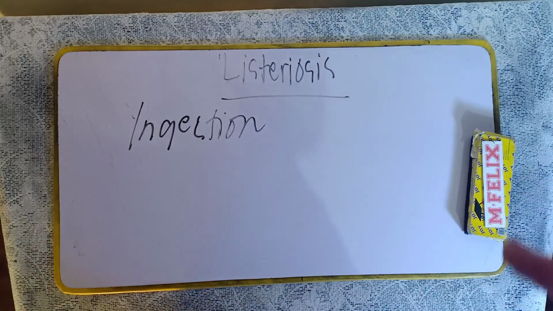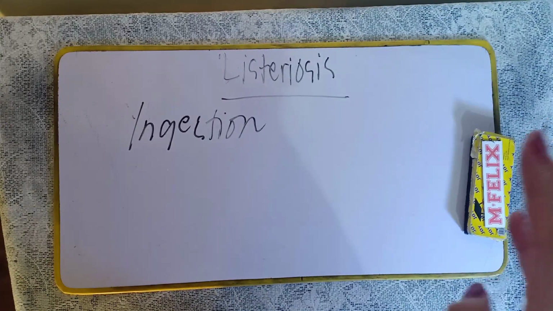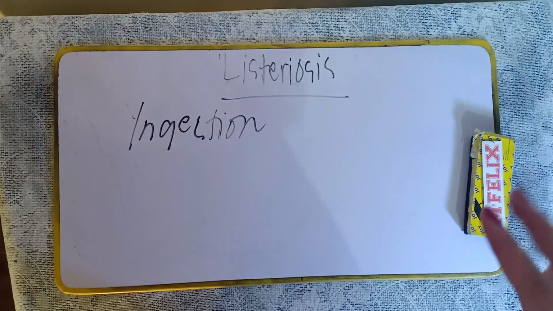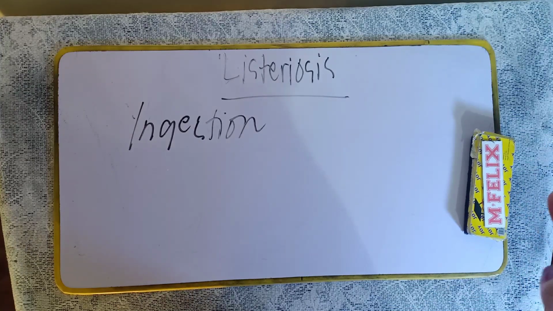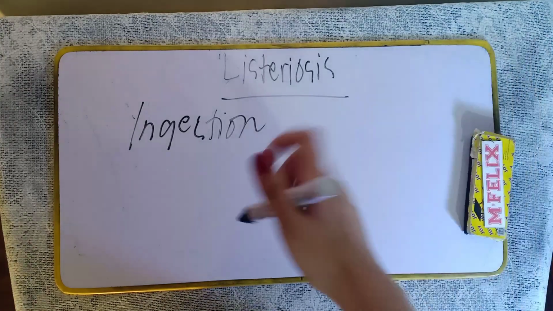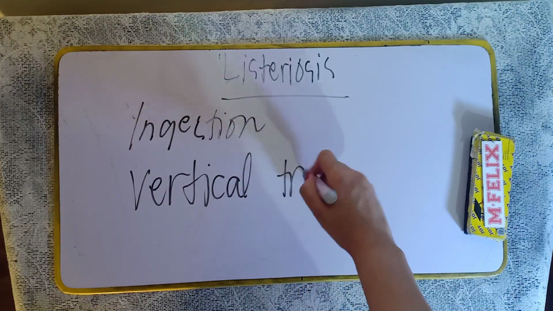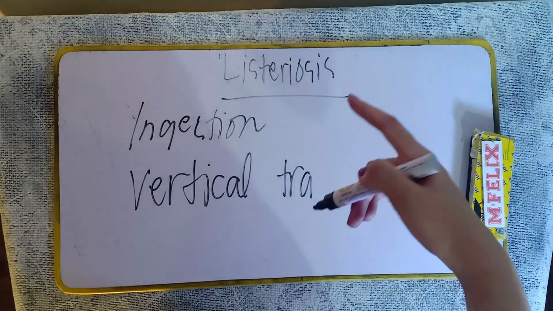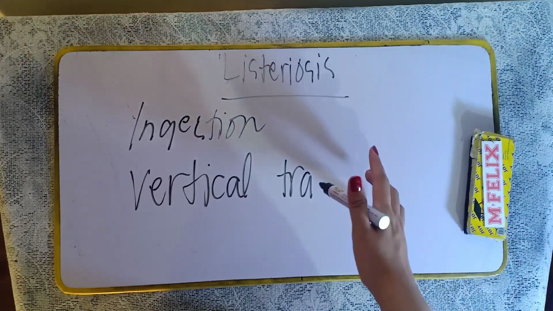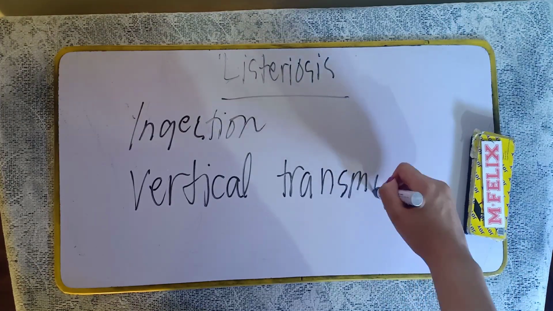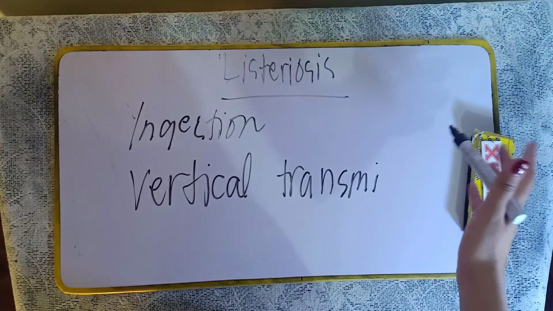Now, bakit na-aapektuhan yung mga newborns? These organisms, class, could actually be passed through to the fetus via vertical transmission. Vertical transmission, class, is also known as transplacental transfer, diba?